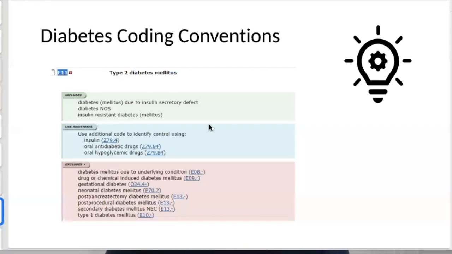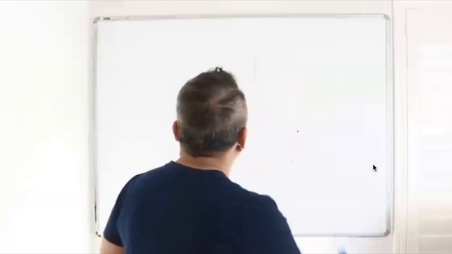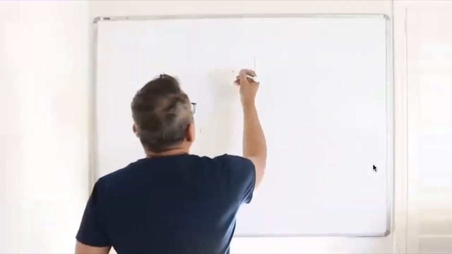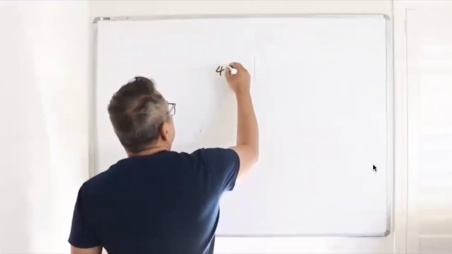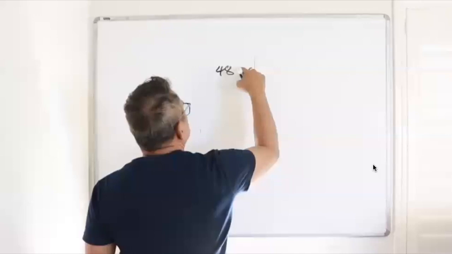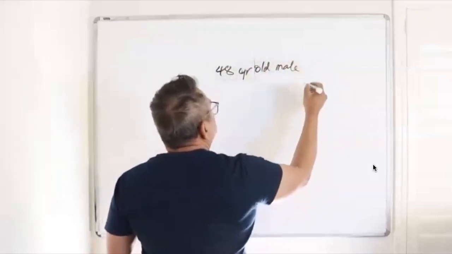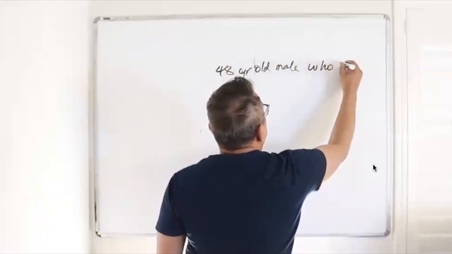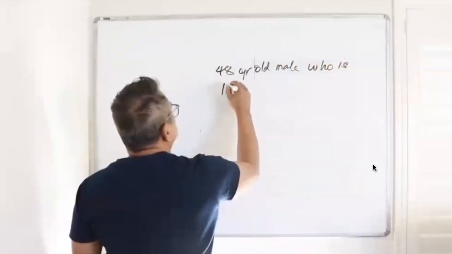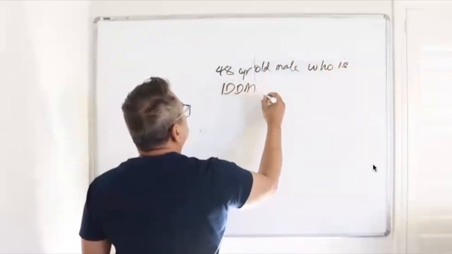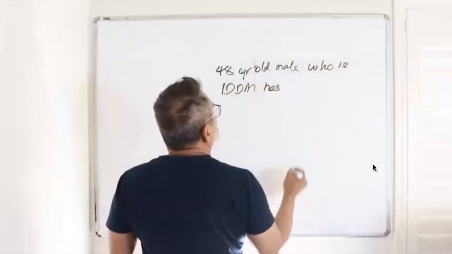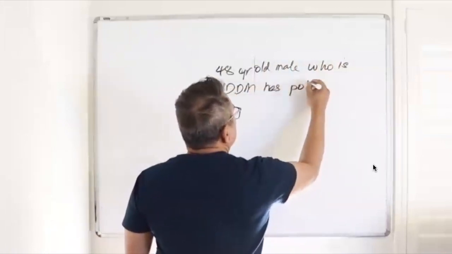How does that apply? Let's say, for instance, let's go to the board for now. Let's say, for instance, the doctor said 48-year-old male who is IDDM, has polyneuropathy.